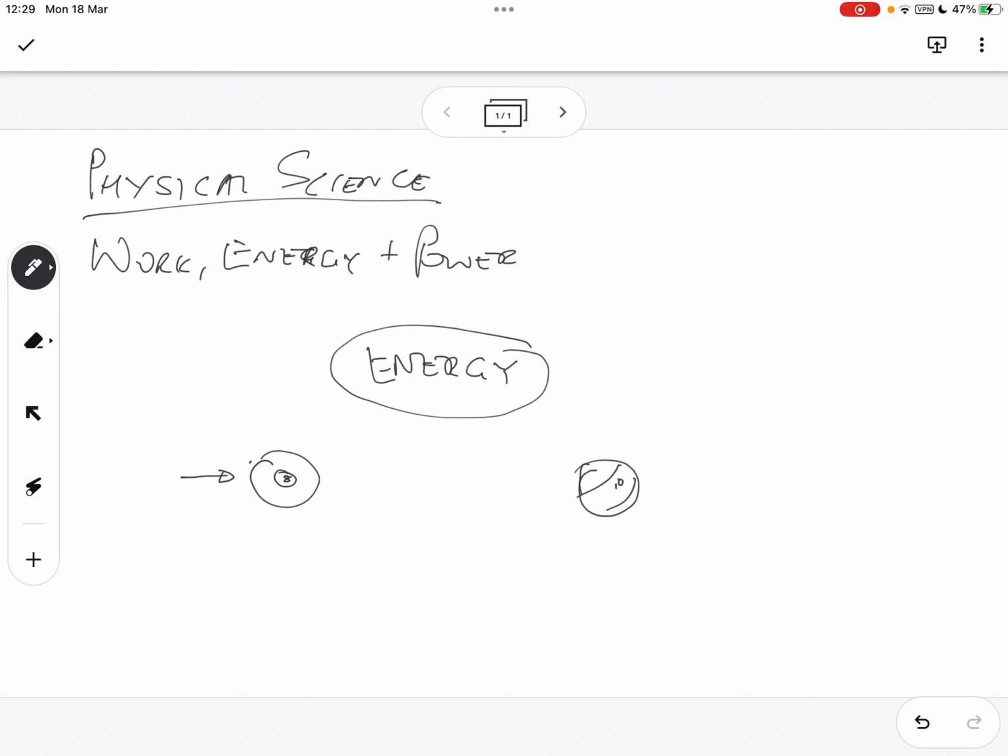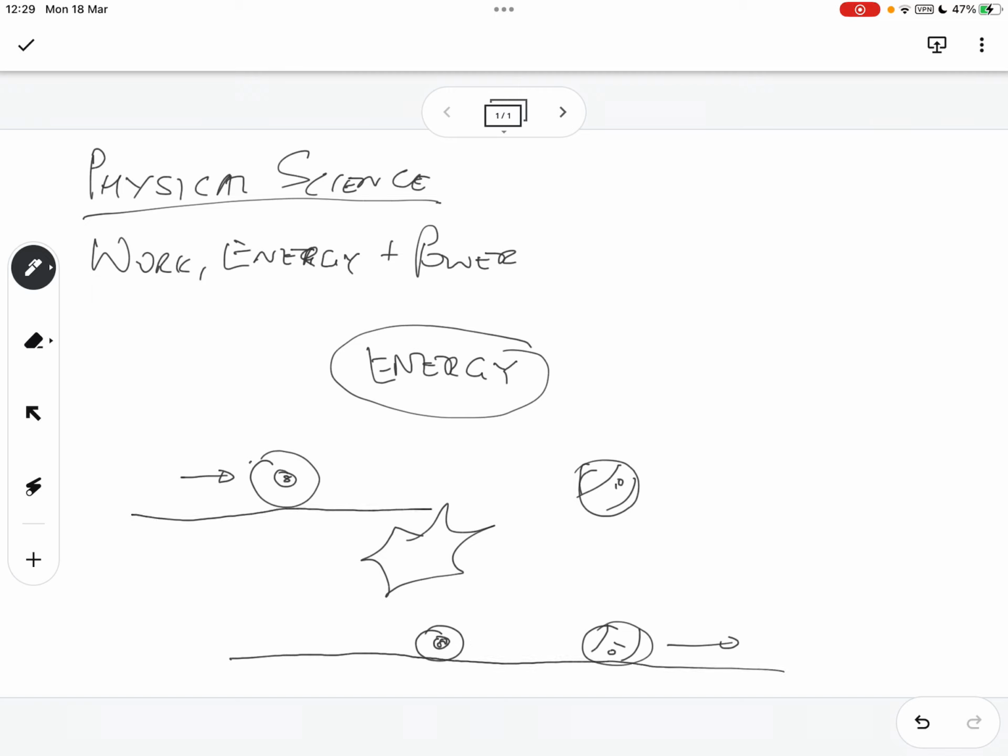Once they have hit each other, this one is stationary and this one is moving away.